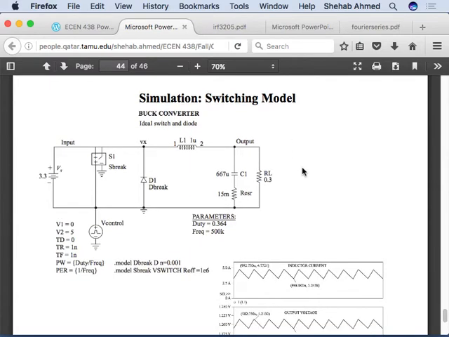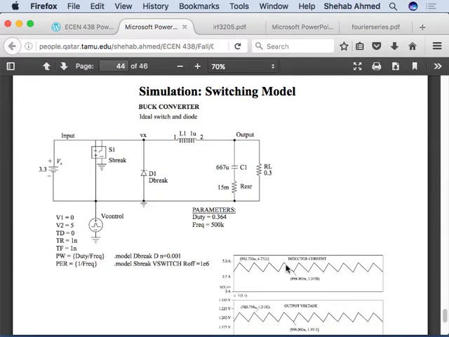But if your target is to develop a controller, then this switched model requires a lot of calculations that you don't require. From a linear control perspective, linear control would not talk about ripple. The ripple will not be affected by the gain that you utilize in your linear controller.